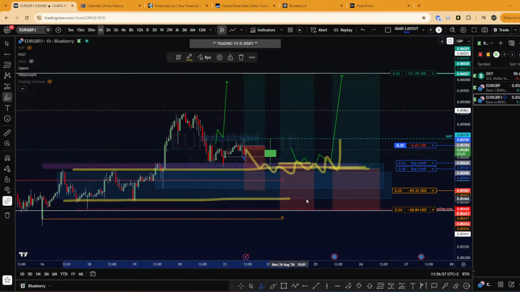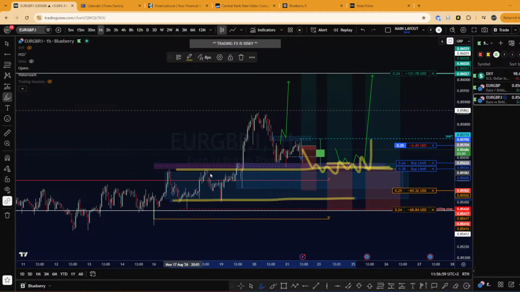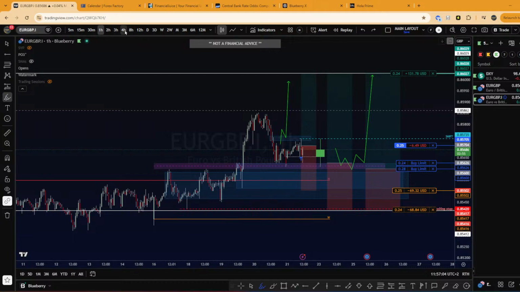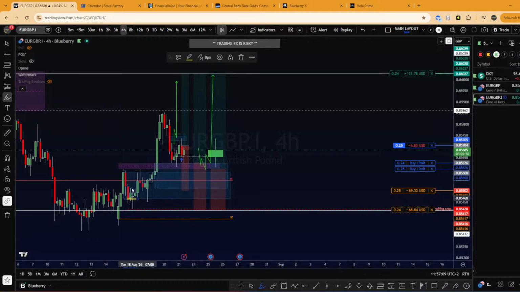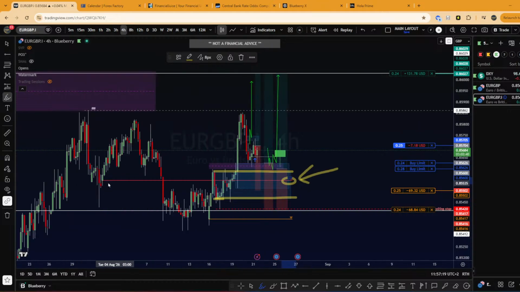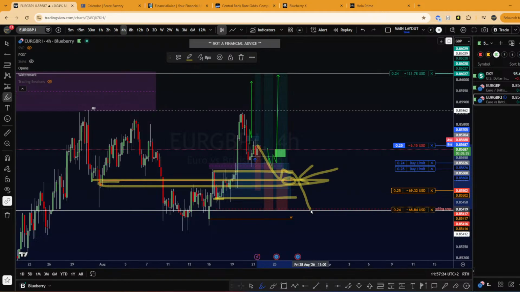This block represents my last line of defense, the order block I mentioned on the 4 hour, overlapping with this monthly open. For me, this is a nice level of support where I don't want price to blow past, because if price broke past it, I will consider my trade invalid.